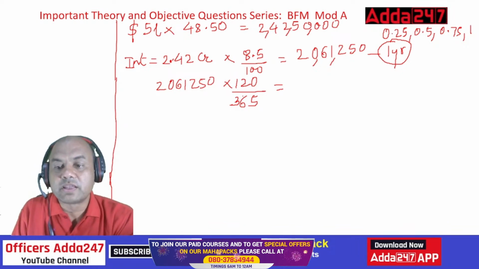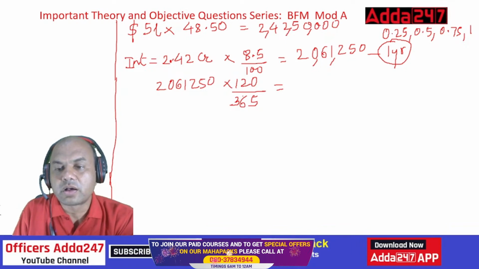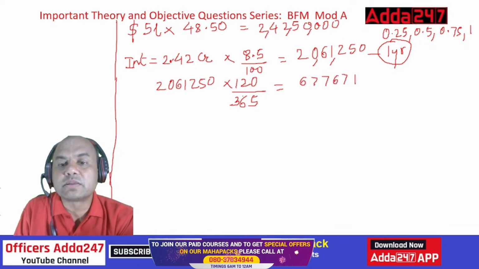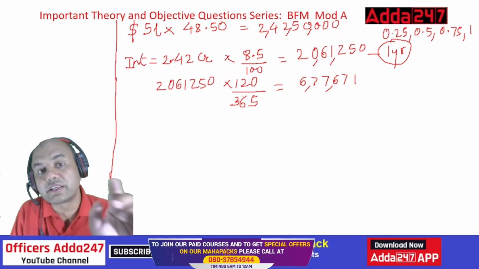So now I am getting 677671, right? This interest comes to 6,77,671.